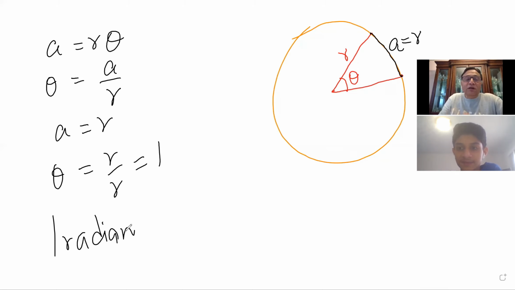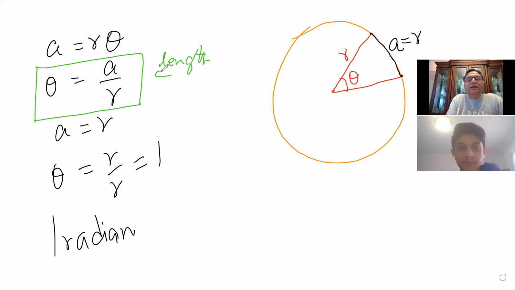1 radian, you can also see the units. If I see what theta equals, let's get back to our equation, which is theta equals A over r, correct? What is the unit of A? Let us say a unit of length, right? And radius is also the same length unit. Same length. So units cancel, right, sir?